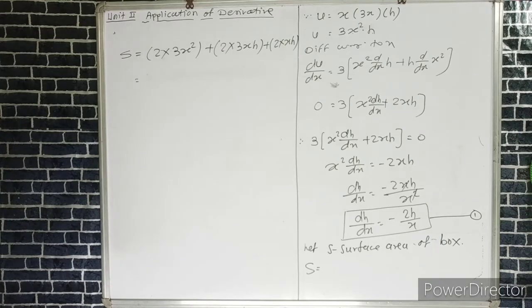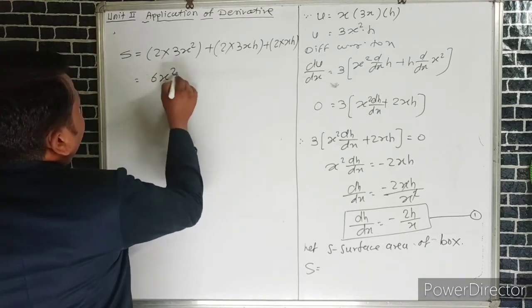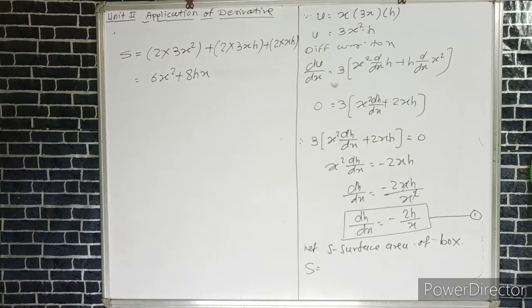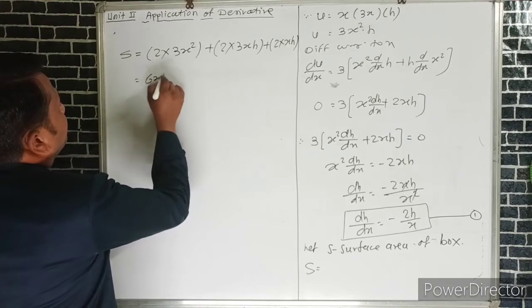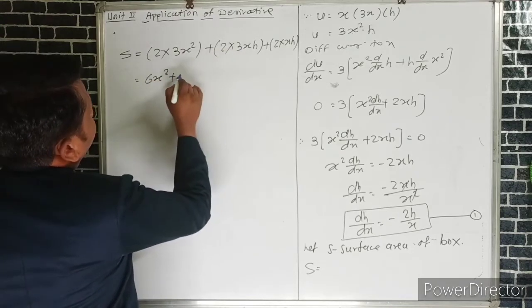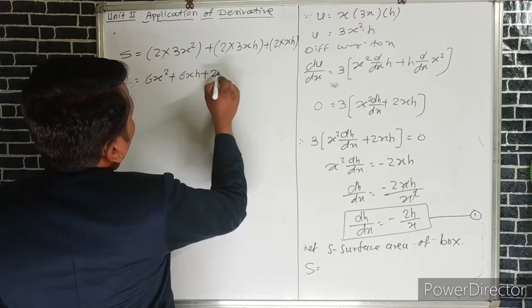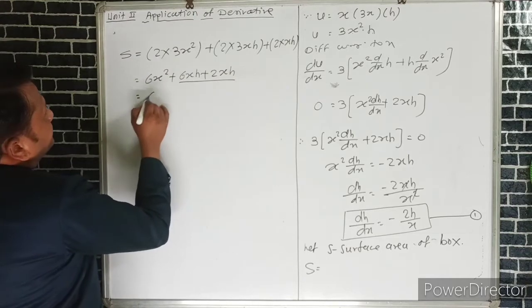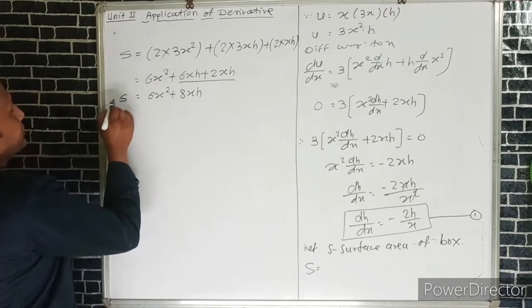Calculating the whole value, we get 6x² plus 8xh. Because 2 into 3x² is 6x², plus 2 into 3xh is 6xh, plus 2 into xh is 2xh. The sum of 6xh plus 2hx is 8xh, so the surface area is 6x² plus 8xh.